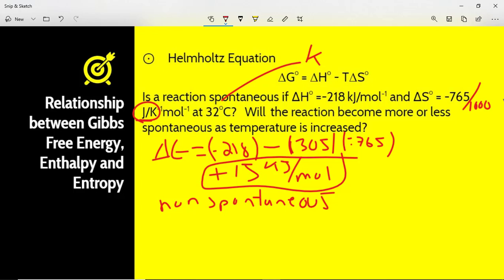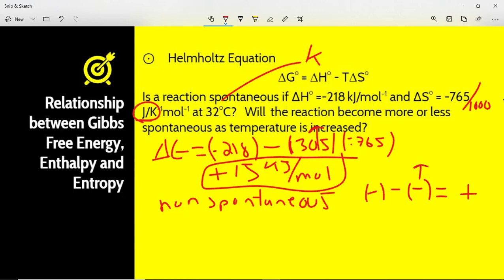Now the next question says, will the reaction become more or less spontaneous as the temperature is increased? So if you think about it, we're increasing this value here, which is going to give us a more negative value here. So you can do one of two things. You can just think about this empirically, or you can plug this number in, but we have a negative, and we are subtracting a negative. So as this number becomes more negative, the end result actually becomes more positive.